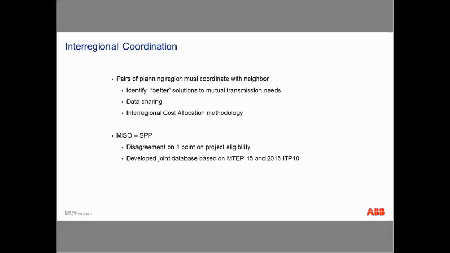And they also developed a joint database based on MTEP 15 and 2015 ICP 10 from SPP, where they work together and put together a model that can be used to evaluate transmission between the two regions.